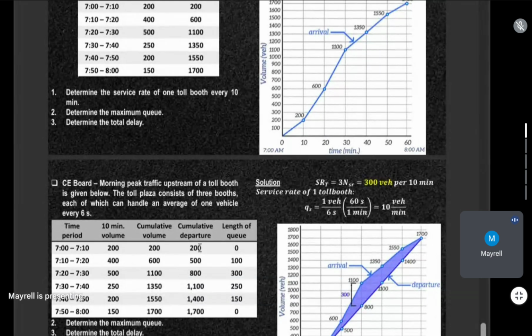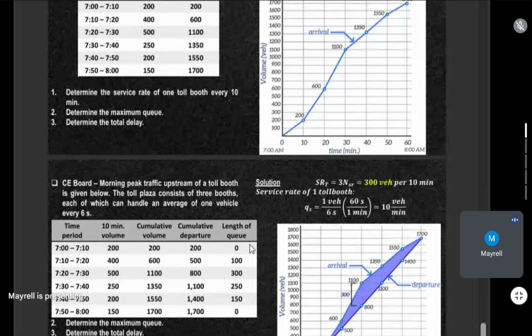So this is arrival minus departure. For the first 10 minutes, the queue is 0. For 7:10 to 7:20, 600 minus 500, the queue is 100 vehicles. Then 7:20 to 7:30, 1,100 minus 800, you have 300 vehicles. Then 7:30 to 7:40, 1,350 minus 1,100, 250. 1,550 minus 1,400, 150. 1,700 minus 1,700, so the queue is 0.